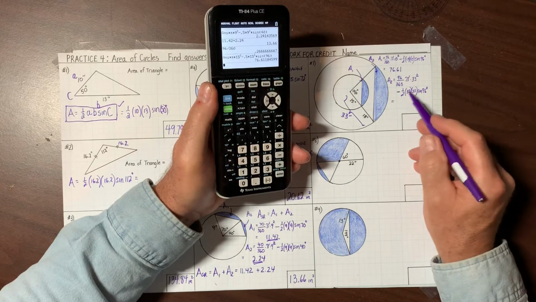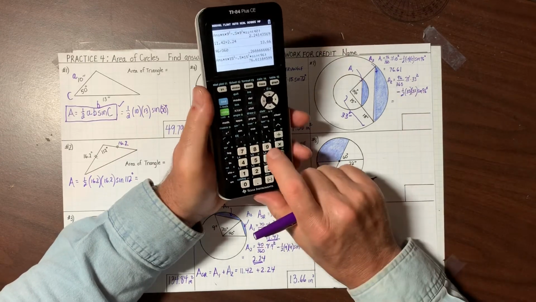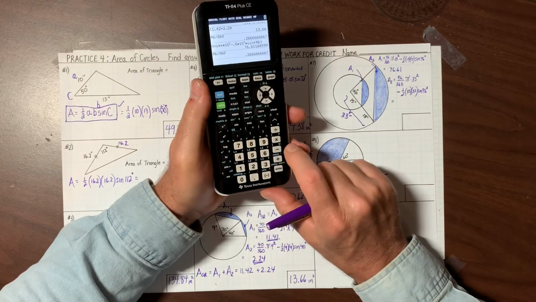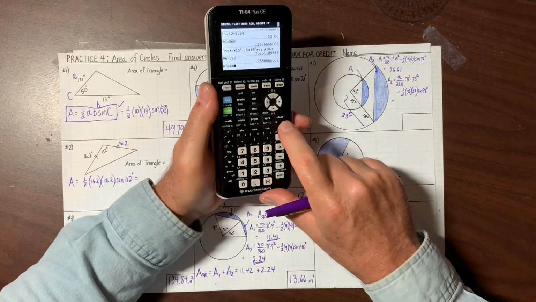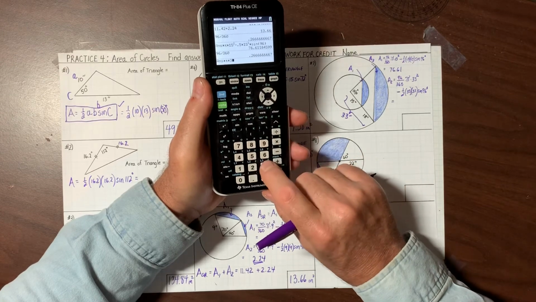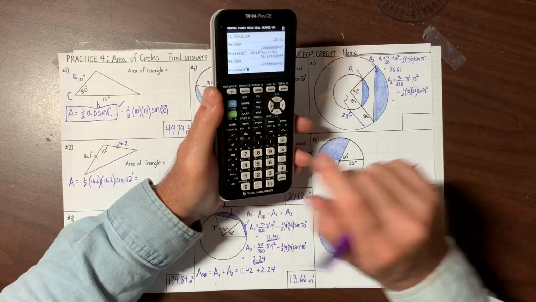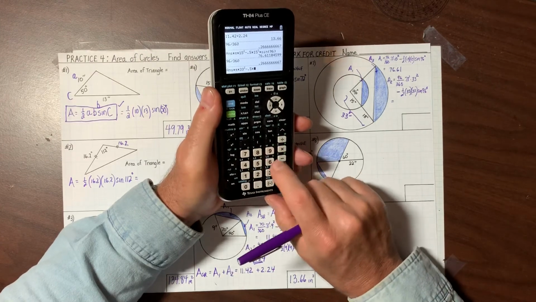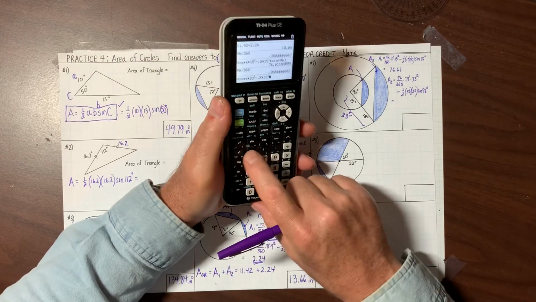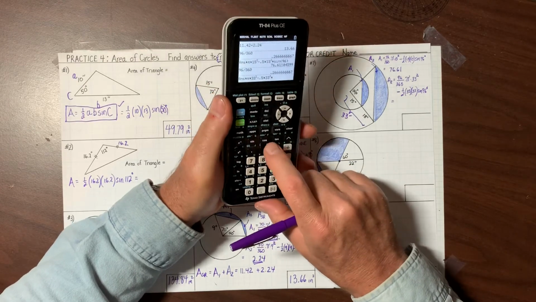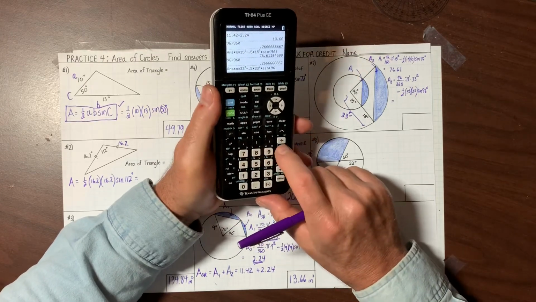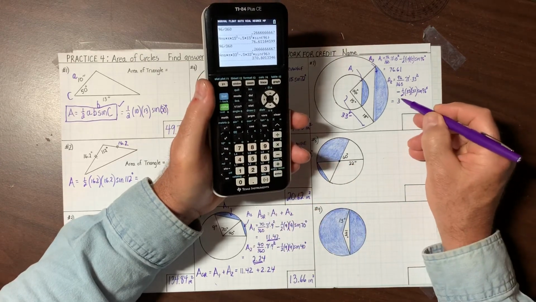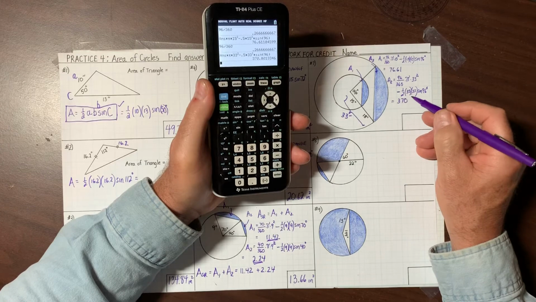So I'm going to do my calculation to get A sub 2. 96 divided by 360, enter, times pi times 33 squared minus 0.5 times 33 squared times the sine of 96 degrees, close parenthesis, enter. And I'm getting 370.80.